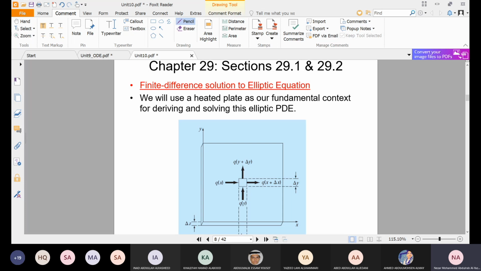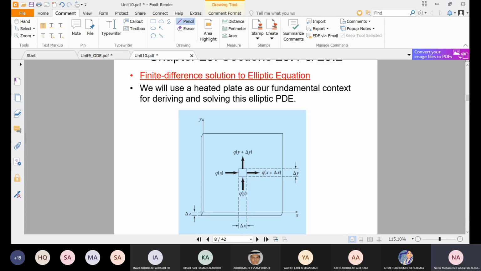So how do we do this? For the elliptic equation, we need to represent it using finite difference. After that, we will have a grid of the heated plate, and we distribute the grid based on the step size.